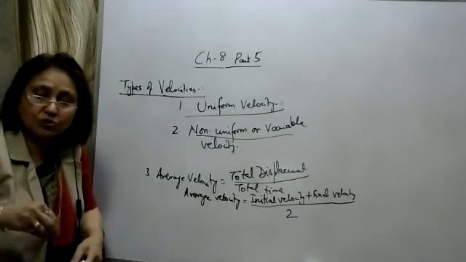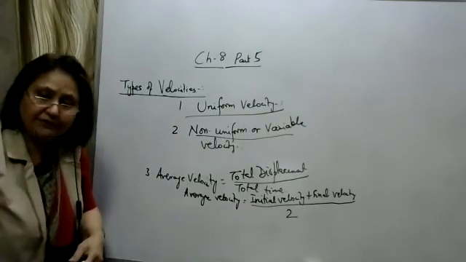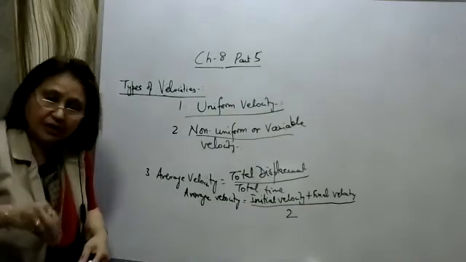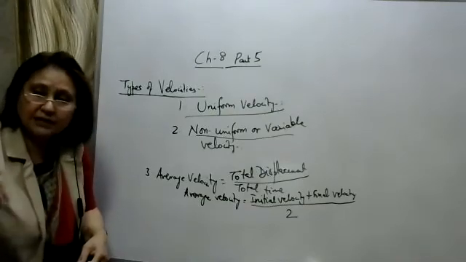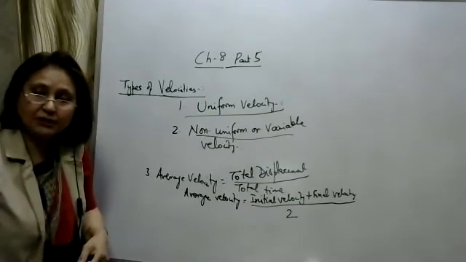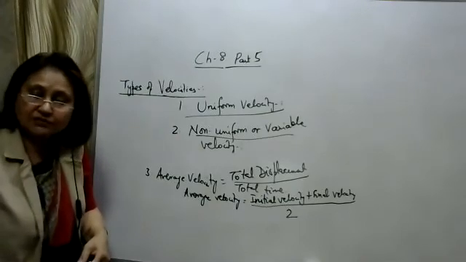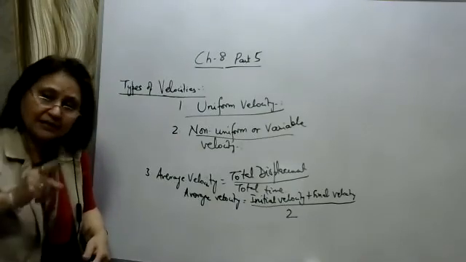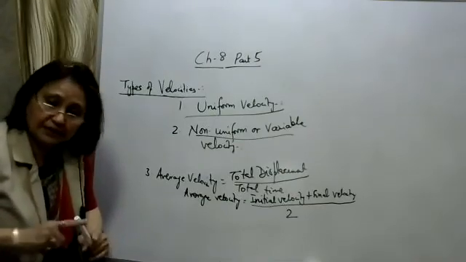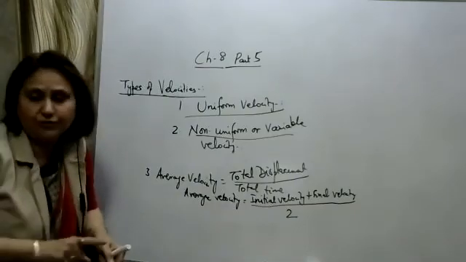Suppose it is increasing its velocity by 2 meter per second every second. Right now the velocity is 2 meter per second. After 1 second, it becomes 4 meter per second. After 1 more second, its velocity becomes 6 meter per second. So in every second it increases its velocity by 2 meter per second. This we call velocity increasing at a uniform rate.